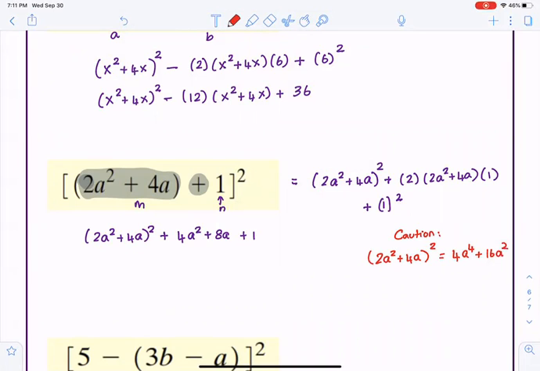In other words, applying the square to each of those terms that are inside to get the one on the right hand side. That is incorrect.